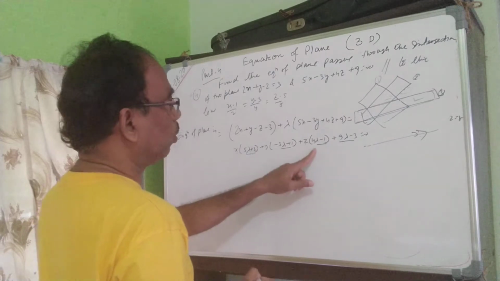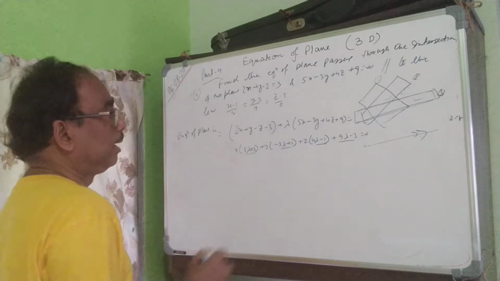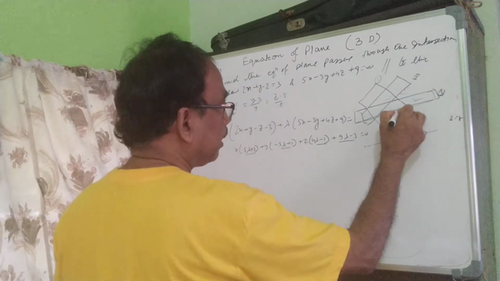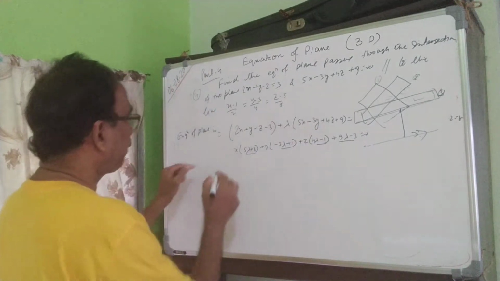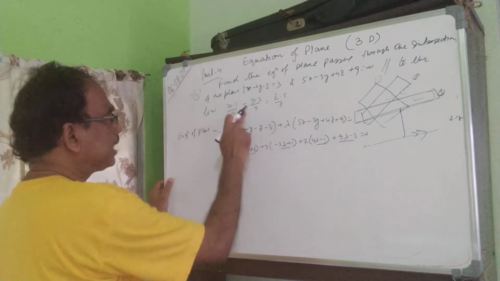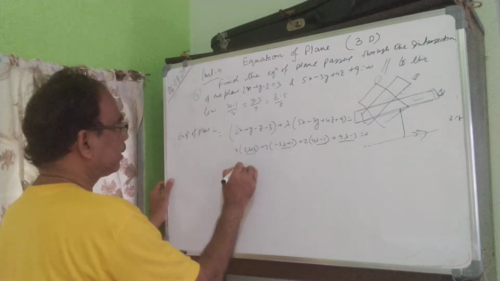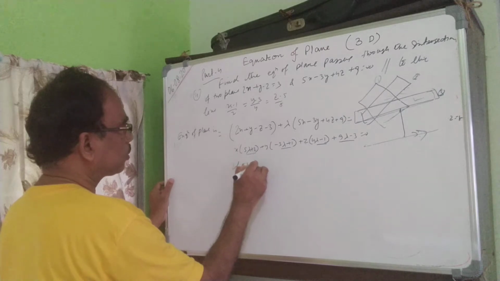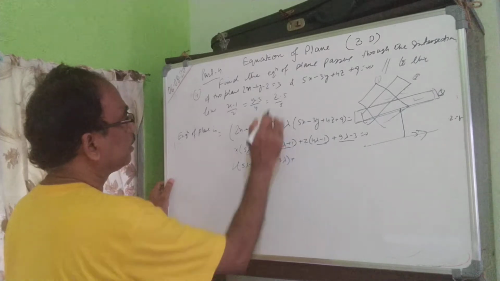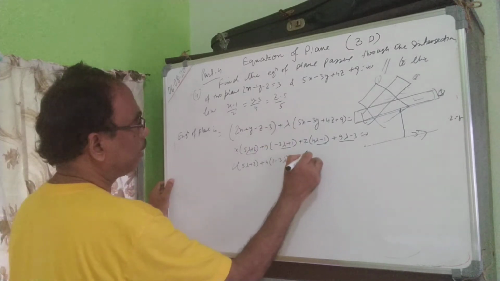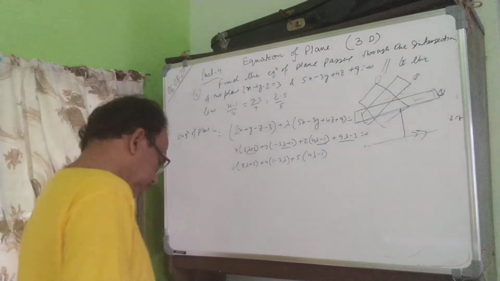Here is the direction ratio of the line. As the line and the plane are parallel, the direction ratio of the line is perpendicular to the direction ratio of the plane. By the condition of perpendicularity, 2(5λ + 2) + 4(1 - 3λ) + 5(4λ - 1) equals 0, that is a1a2 + b1b2 + c1c2 = 0.